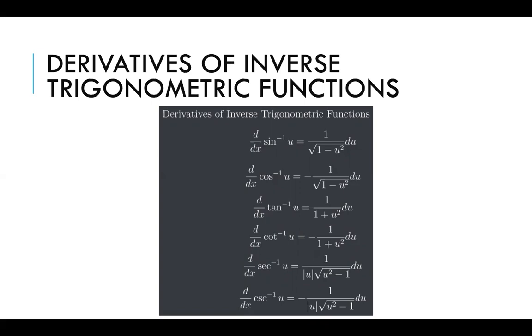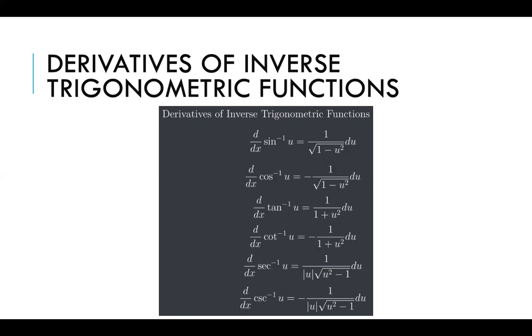So we have arc sine, arc cosine, arc tangent, arc cotangent, arc secant, and arc cosecant. So for arc sine u, the derivative is 1 over quantity square root of quantity 1 minus u squared du. For arc cosine, we have its negative counterpart. Negative 1 over square root of quantity 1 minus u squared du.